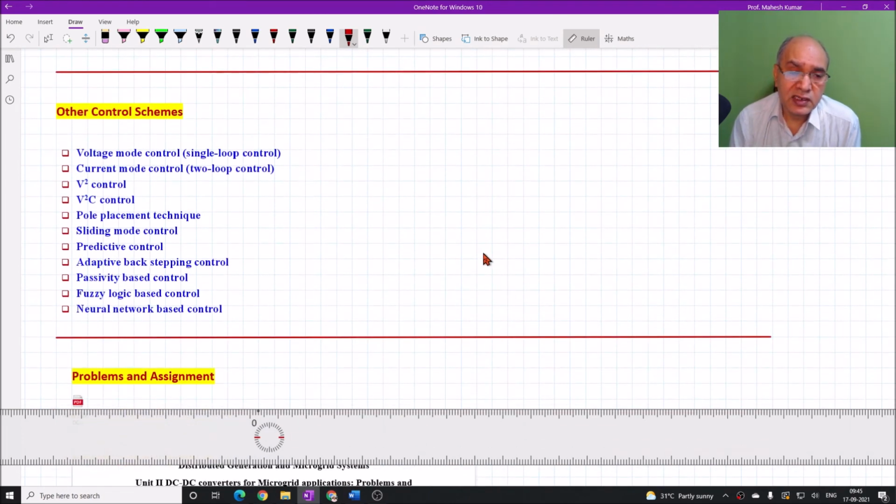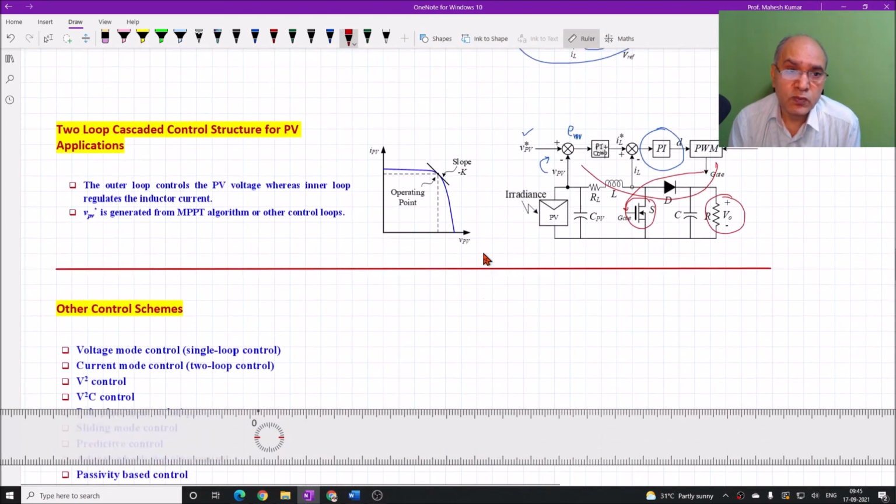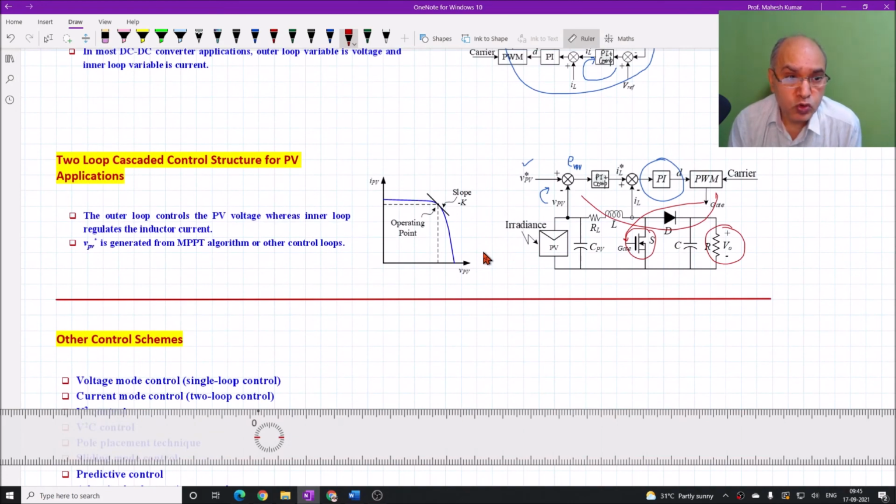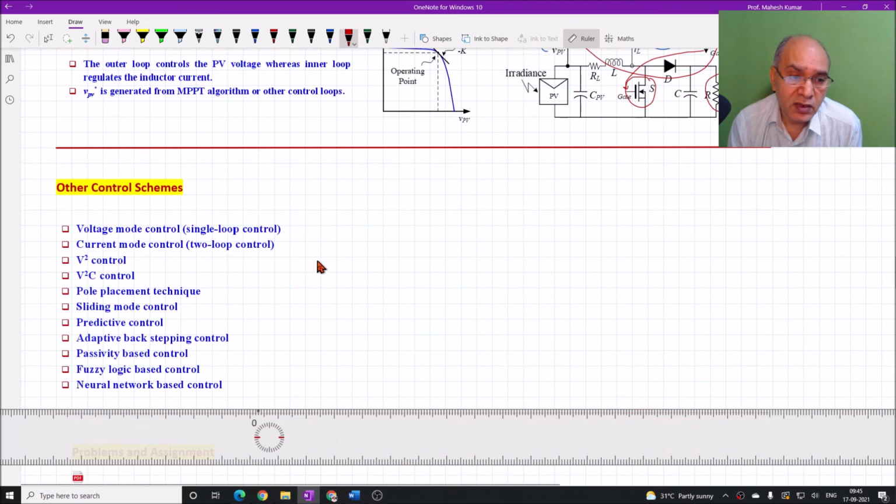Apart from that, the voltage control scheme, then voltage and current control scheme called two loop cascaded scheme here. We have some other control schemes for these converters which are listed here. You can go through them whenever you have time or when you want to use them for your research purpose. Like voltage control, this I already discussed. The two loop control we have discussed.